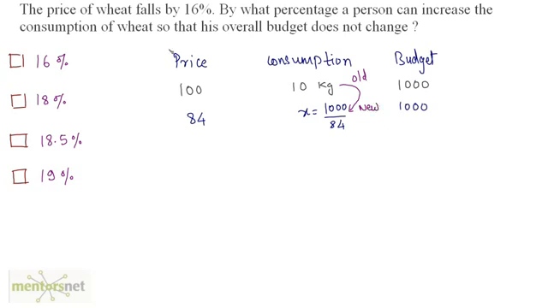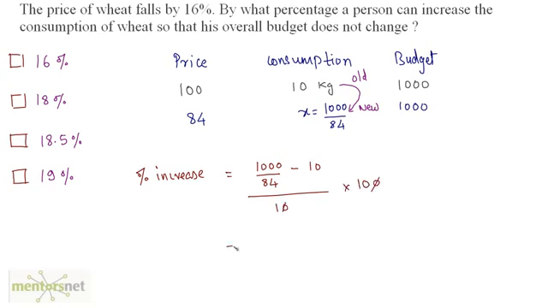And we have been asked by what percentage this consumption must be increased. So percentage increase in consumption is equal to the new value, which is 1000 by 84, minus the old value, which is 10, divided by the old value, which is again 10, times 100.